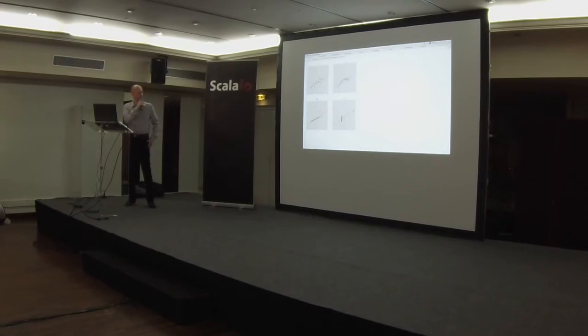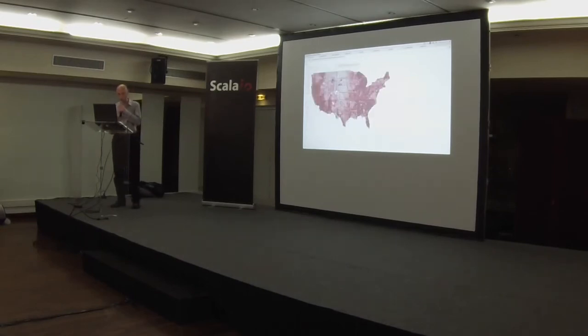To just see what kind of plots we can make with Bokeh. This is all displayed in the web browser by the Bokeh JavaScript library. So here we have a chart composed of four plots. Another example, this one, we can have maps, and this one is for the USA unemployment data.